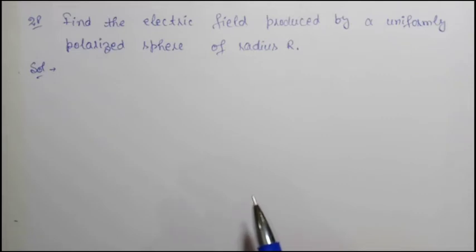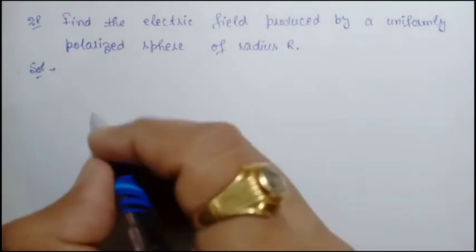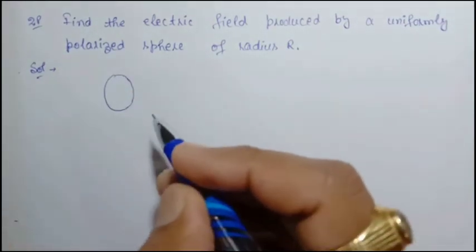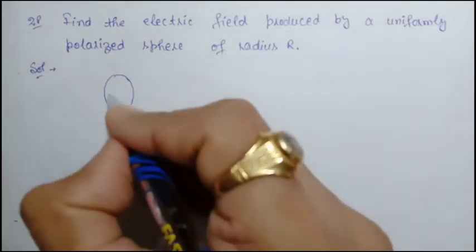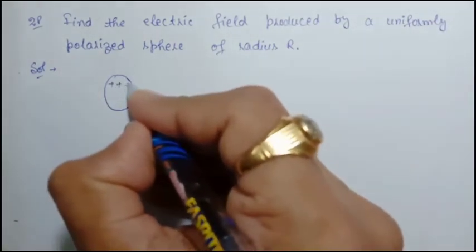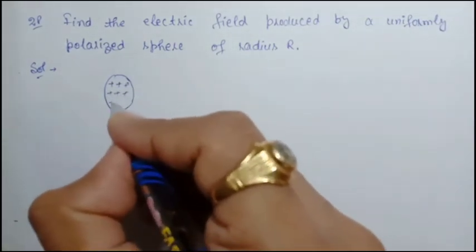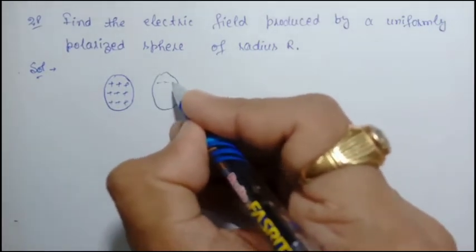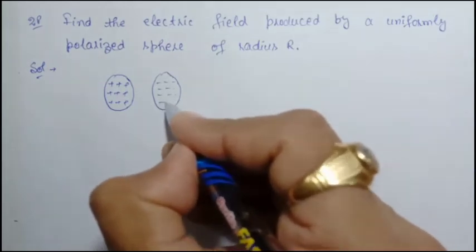To understand this, suppose we have two spheres, and here one sphere is positive and suppose the other sphere is negative.